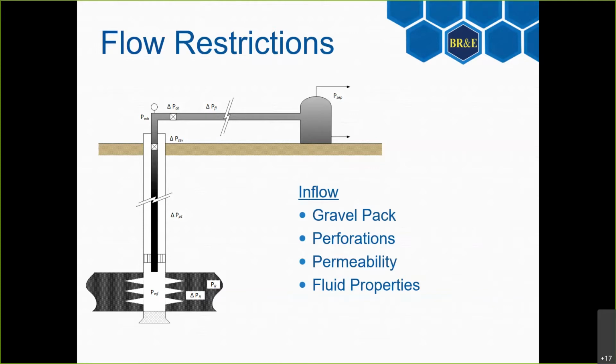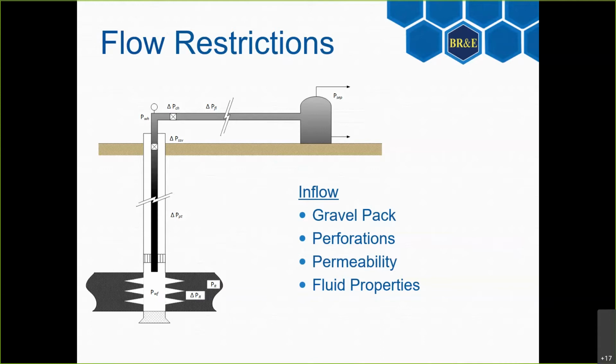The perforations are more related to the completion procedure, how this well was drilled, and what sort of techniques were used on the drilling side. But we also have properties of the reservoir innately itself. The permeability of the reservoir is going to be a defining factor as well. Some reservoirs are more permeable than others, the actual rock, the actual sediment section that we're in, and some are not. That will play a role in how easily the oil or gas can flow through the rock.